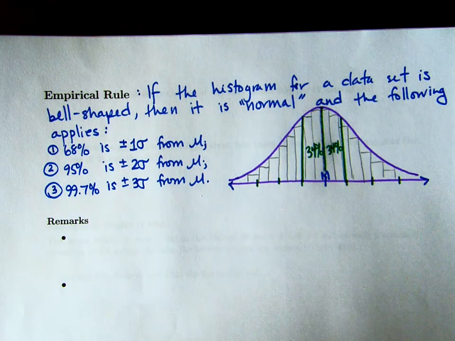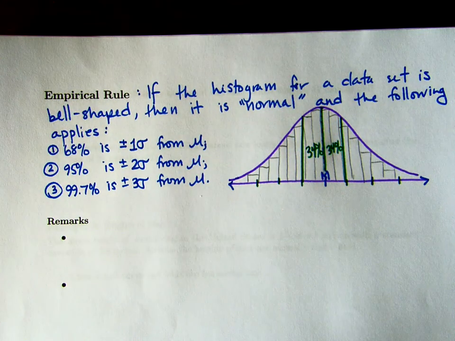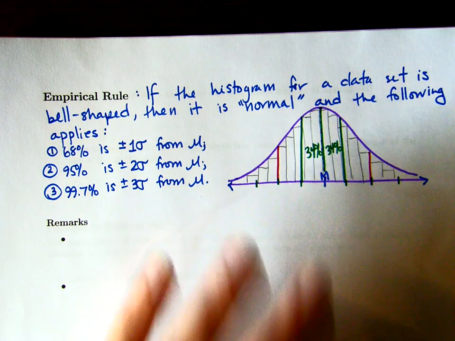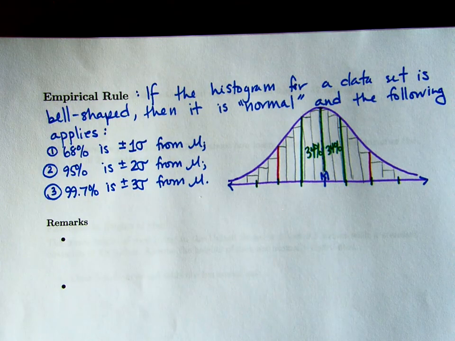And then it says, all right, fine, that's great and dandy, but if you look between these red bars, then 95% of all data values are landing between those. Those are supposed to be symmetric.